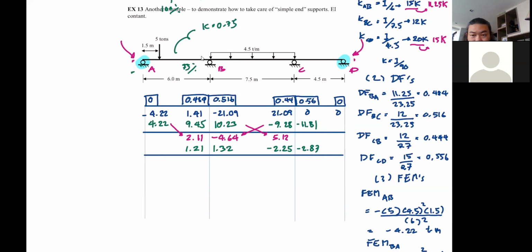You see, it reduces a lot of work because you don't have to go back to joint A and D. So it's now only the work between these two joints. Carry this over, carry that over. Okay. That is minus 1.12, and that is 0.66.